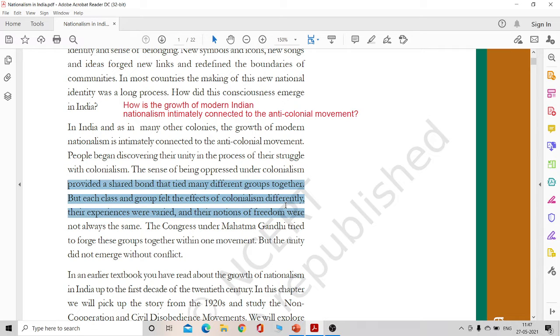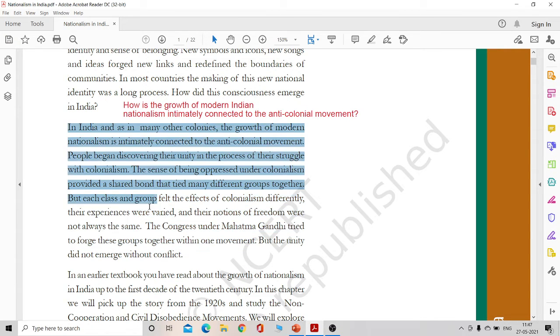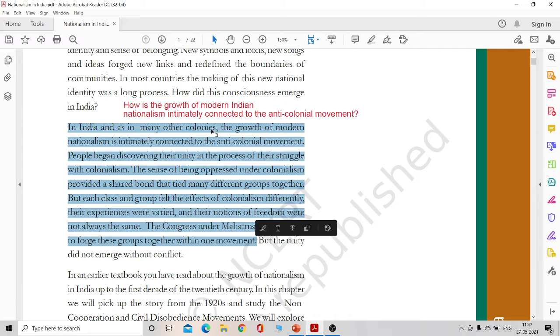However, the common goal was to rid themselves of the oppressive British colonial government. And it was under the Indian National Congress, particularly under Mahatma Gandhi, that these groups were forged together under a common consensus within one movement, right? So this entire paragraph would be your answer to the question.